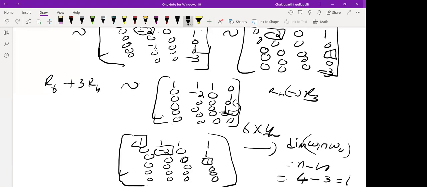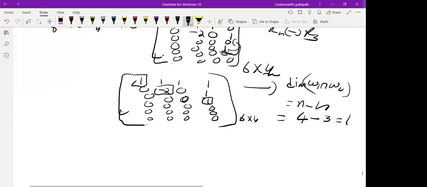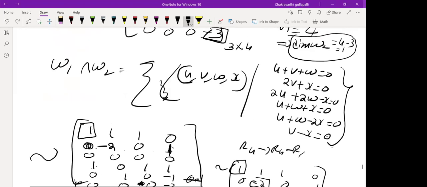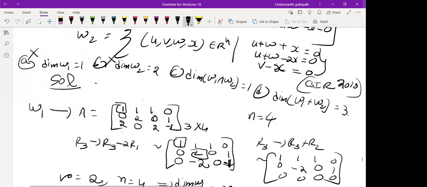The rank is 3, the number of non-zero rows. So don't take n as 6, n is 4. The dimension of the intersection is 1. Is it given among the options? Yes.